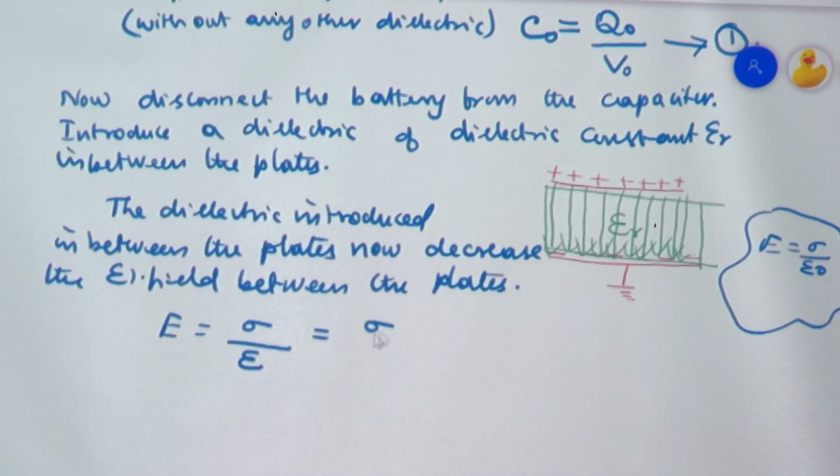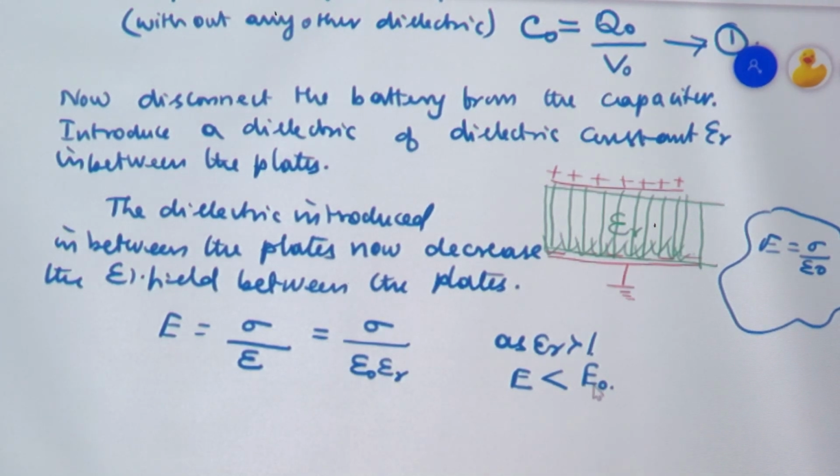What is the permittivity of the medium? We know that epsilon is equal to epsilon 0 into epsilon r. As epsilon r is greater than 1, electrical field E will be less than the electrical field E0. E0 is the electrical field when you are having air as the dielectric.